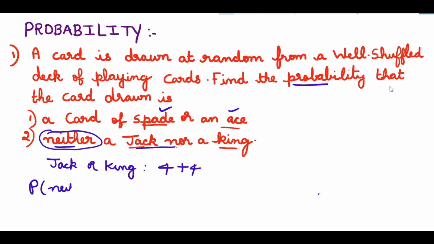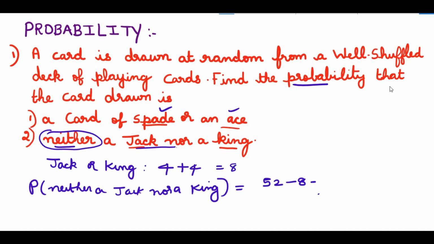Probability of neither a jack nor a king means whichever card we draw should not be a jack or a king. So from the total of 52 we subtract these 8, so we have 44. Probability means the number of favorable outcomes divided by the total number of outcomes. The total number of outcomes is 52, so the answer is 44 by 52. We can simplify it as 11 by 13.